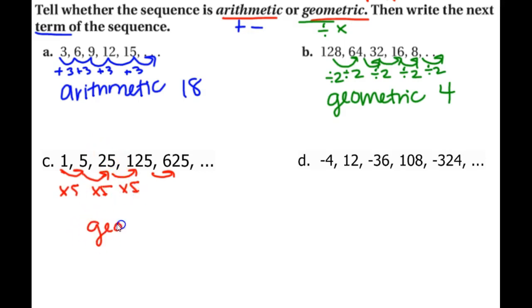So this is also geometric because we're multiplying or dividing. This one's a little tough. If I multiply by 5 again, 625 times 5, you can write it out or use your calculator. 5 times 5 is 25. 5 times 2 is 10, 11, 12. 6 times 5 is 30, 31. 3,125.